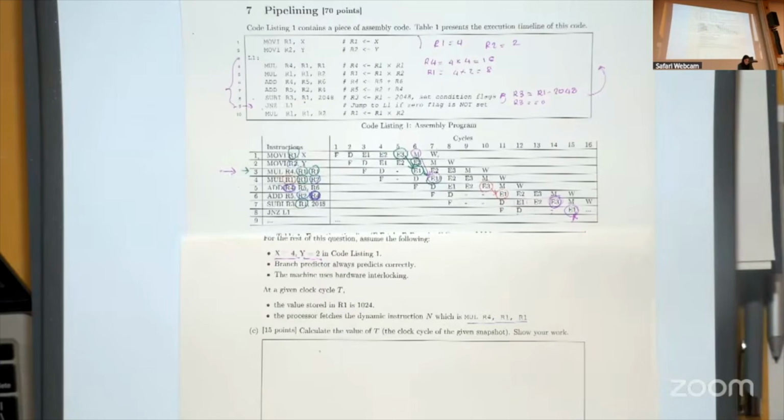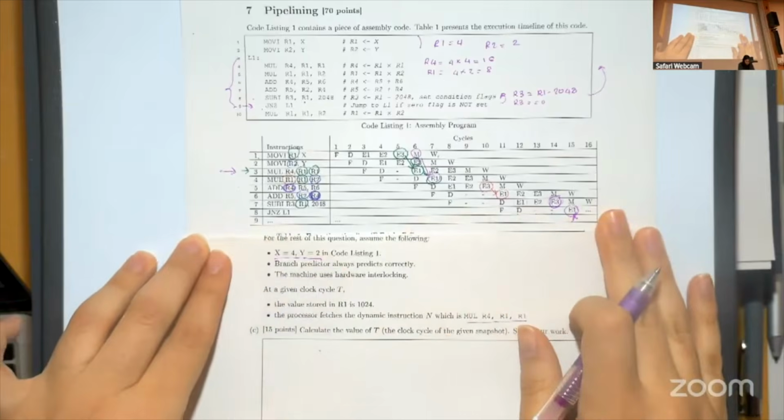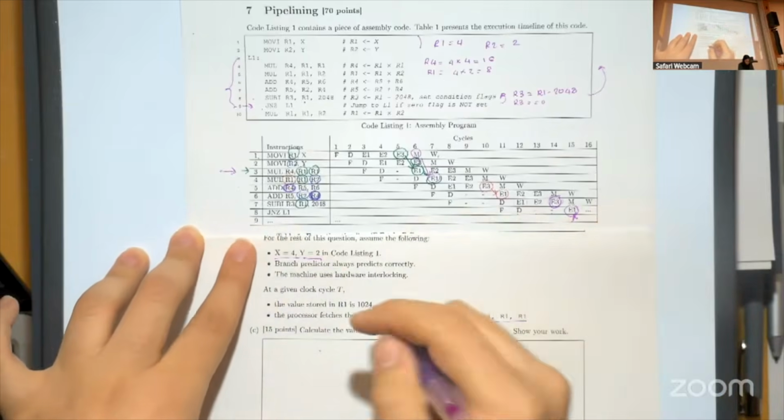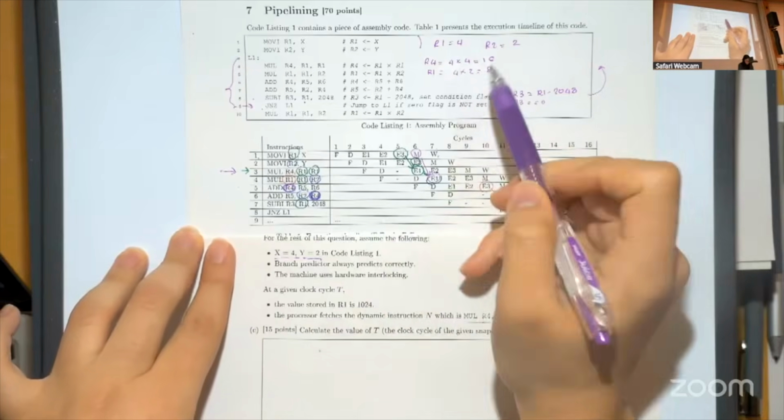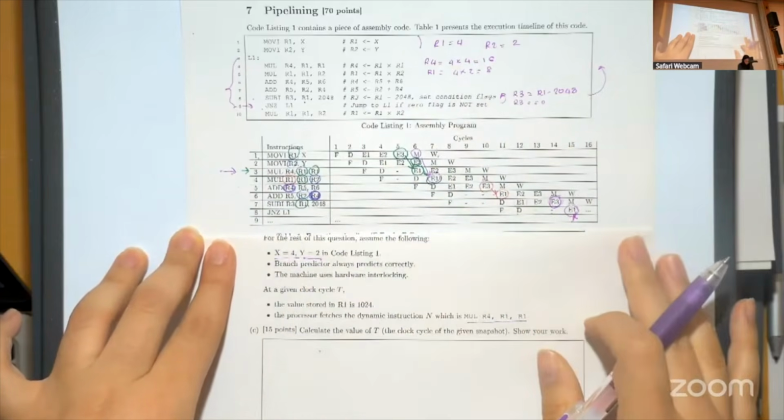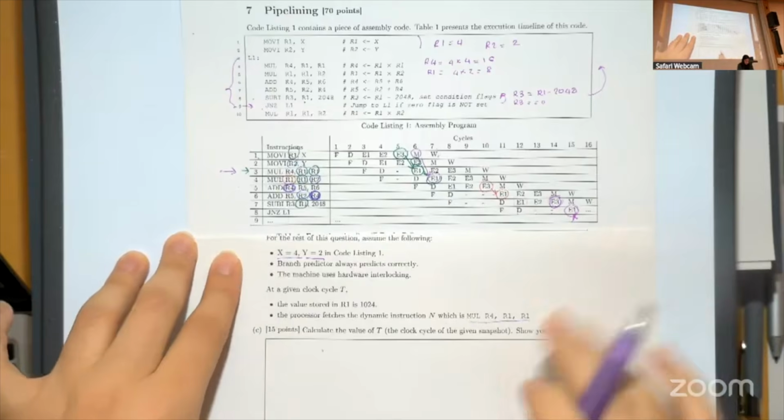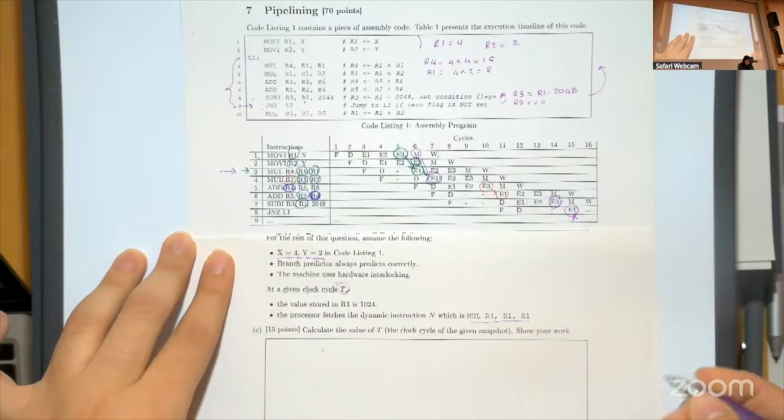So this is a simple code that basically multiplies R1 with R2 repeatedly inside the loop until it reaches 2048. And what we expect is that with these starting values, it should execute the whole loop a couple of times and then reach this clock cycle t.